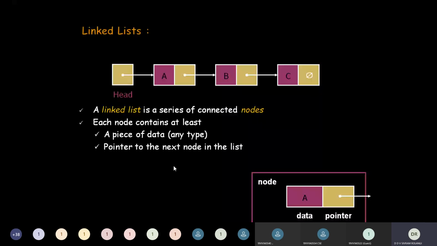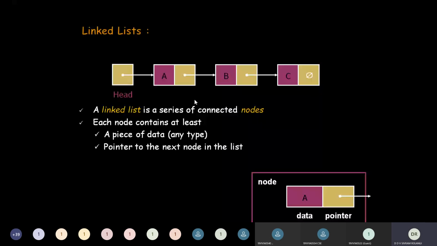Similarly, a floating point pointer is used to hold the address of another floating point data. On similar grounds, we declare a node pointer which can hold the address of its successor, right? So this is how we'll create a linked list.